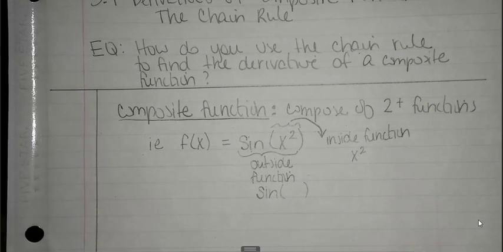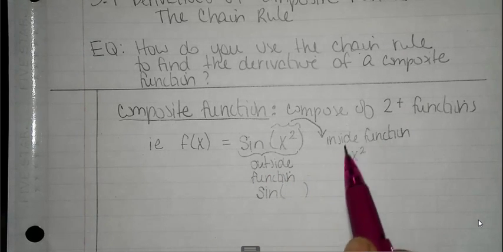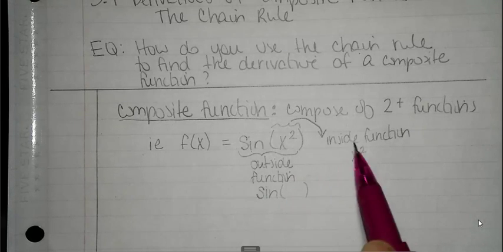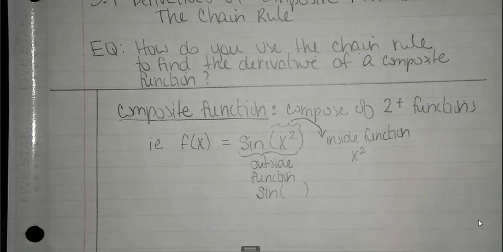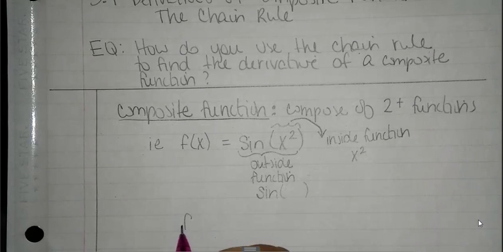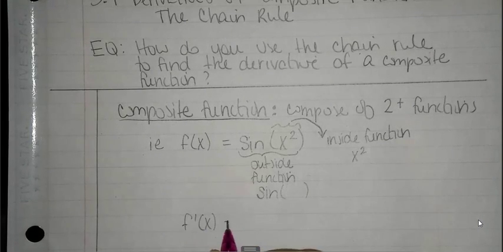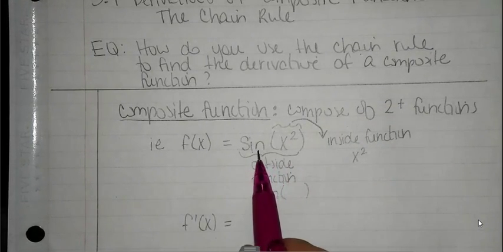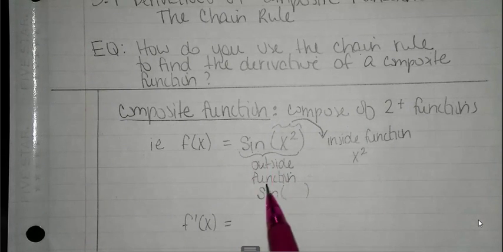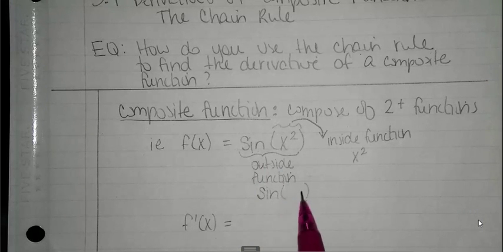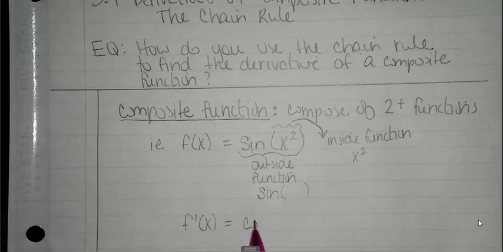So when you do this, you're going to have to take the derivative of the outside function first, and then take the derivative of the inside function, and then you multiply them together. For example, if I was to take the derivative here, the derivative of this outside function, sine of whatever, is going to be cosine of whatever that was.